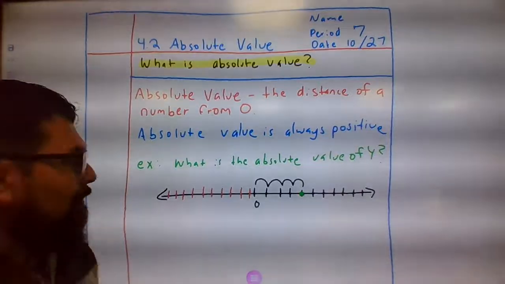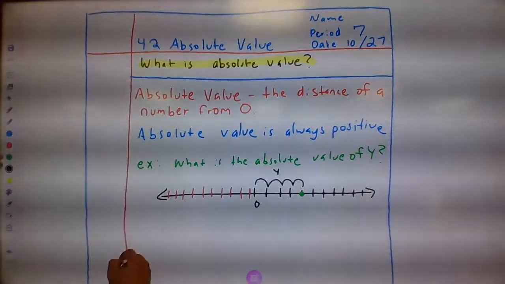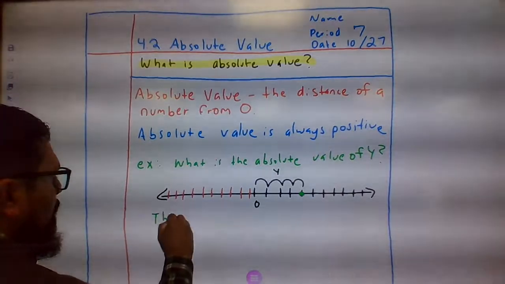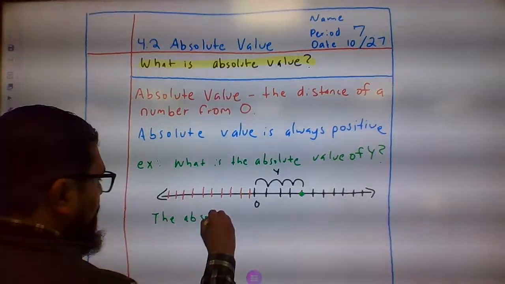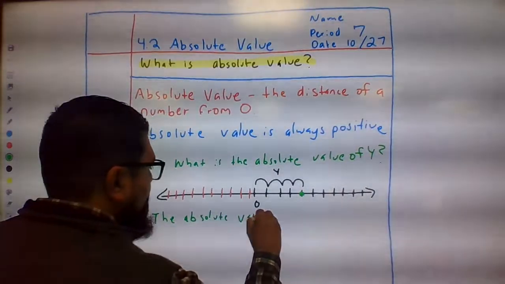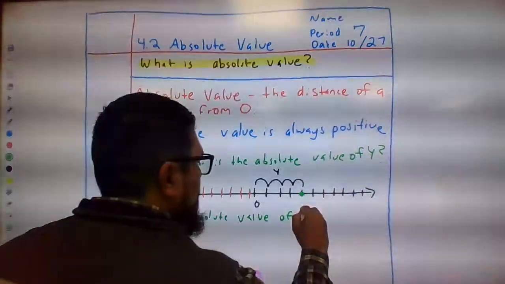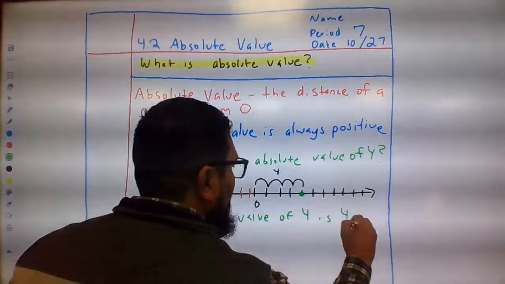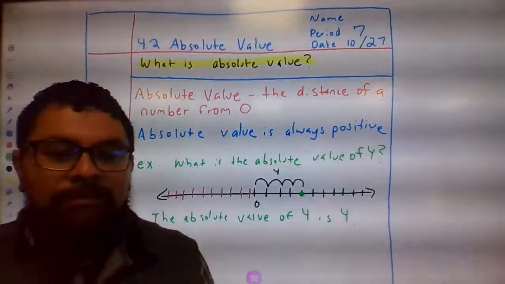It looks like it's 4 spaces from 0. So the absolute value of 4 is 4.